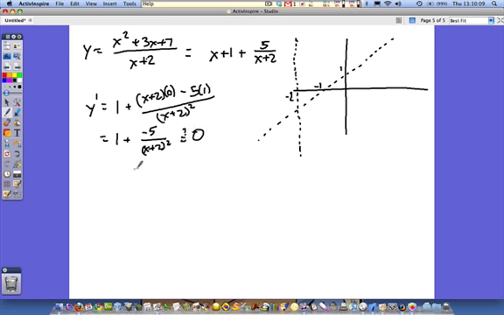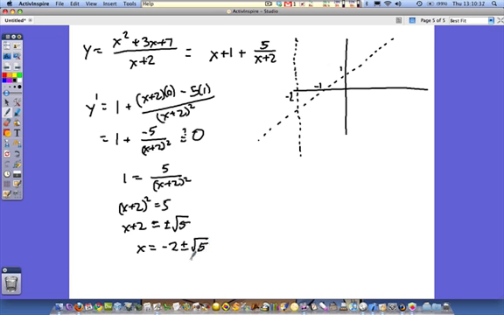When does that equal 0? That happens when 1 equals 5 over x plus 2 squared. X plus 2 squared equals 5. And so x plus 2 equals plus or minus square root of 5. And finally x equals negative 2 plus or minus square root of 5.